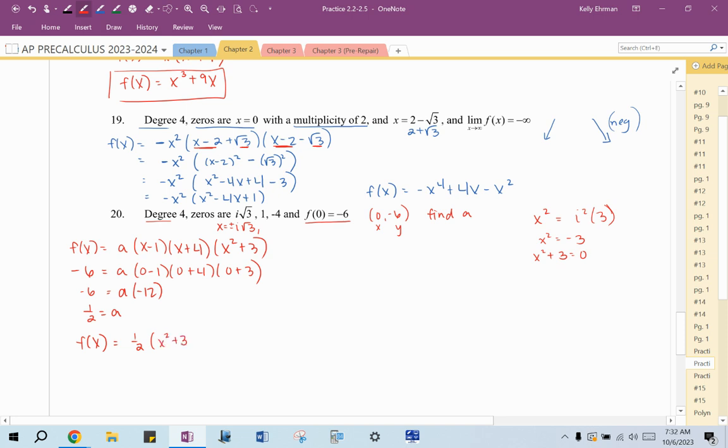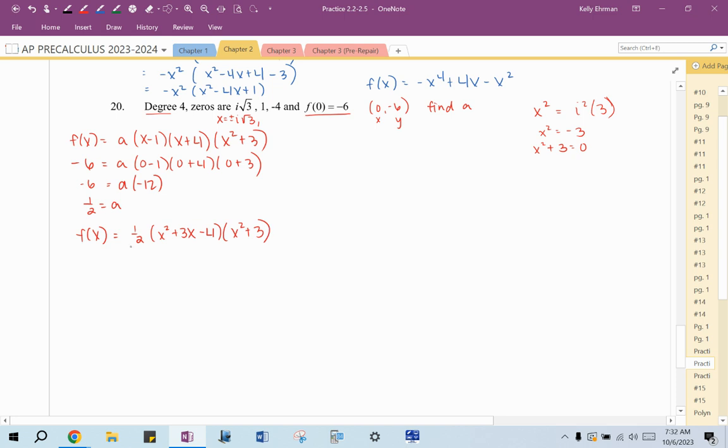X squared plus 3x minus 4. X squared plus 3. All right, and so I've got x to the 4th. This I do just kind of have to distribute through.